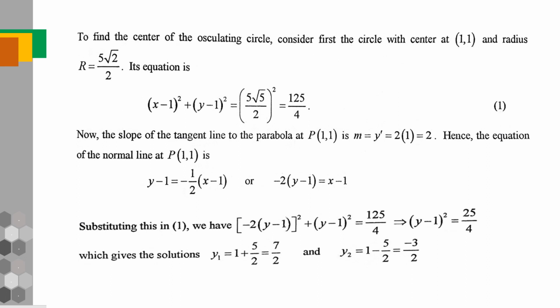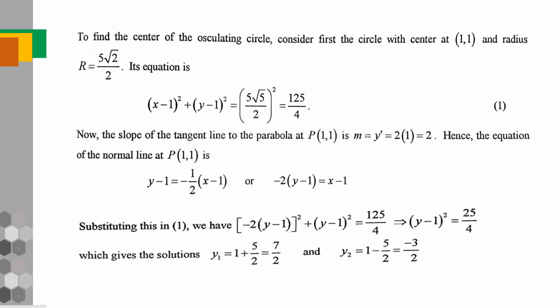Substituting this equation into equation 1, this x minus 1 becomes negative 2 times (y minus 1), squared. Plus (y minus 1) squared equals 125 over 4. So we will solve for y.